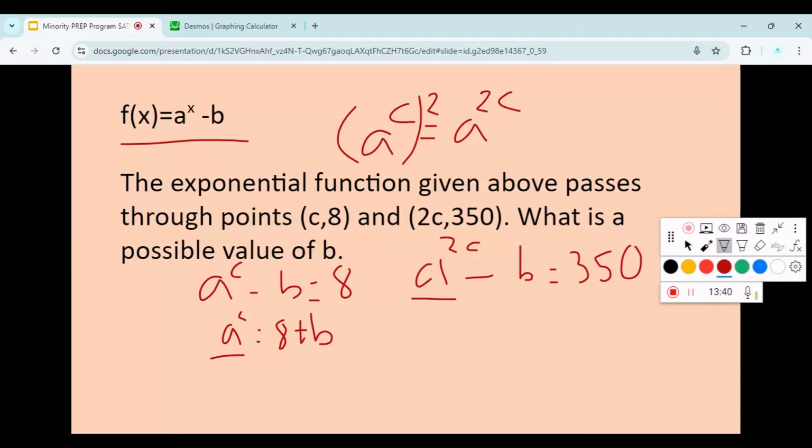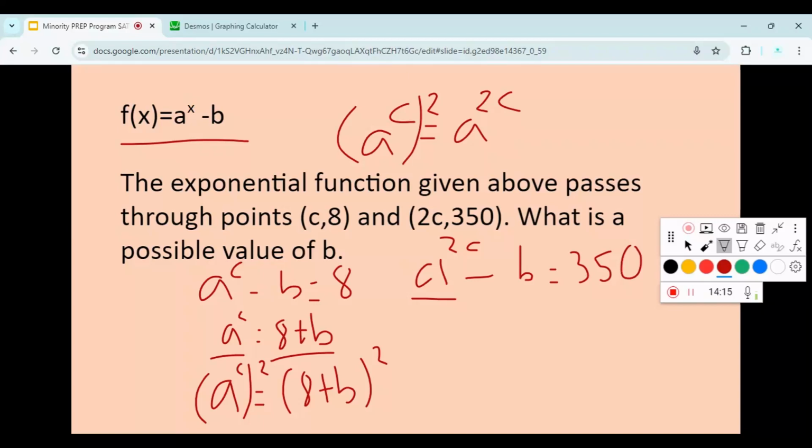So if we want to get what a^(2c) is in terms of b, we can say that a^(2c) is (8 plus b) squared, because we essentially squared whatever we got here and here to get what a to the power of 2c is.